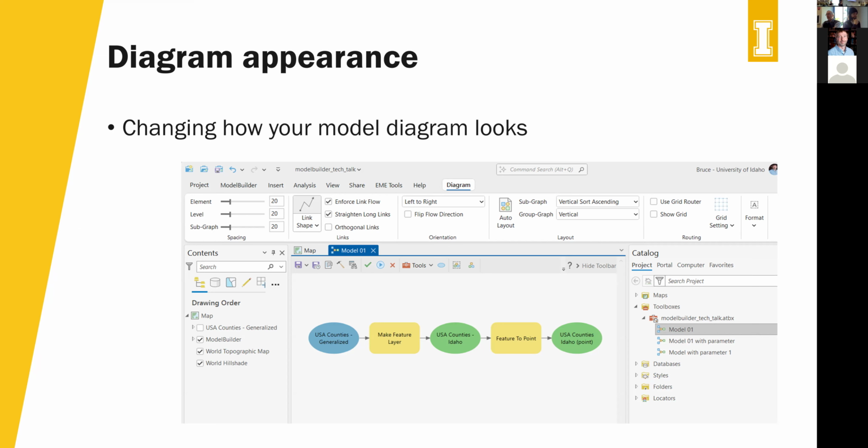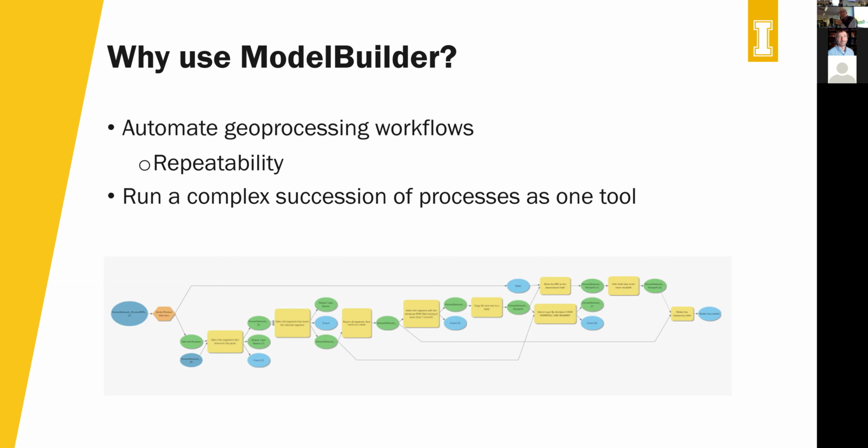But with ModelBuilder, you can automate that and string different tools together, and test and repeat that. And you can pull a series of complex processes together into one tool. So we can bring a whole bunch of different geoprocessing steps together and run those as one tool.